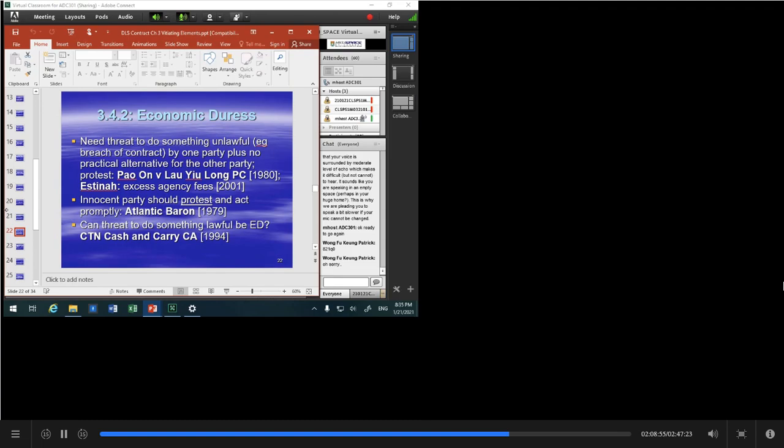It's much easier and much more common to allege presumed undue influence. And with presumed undue influence, a presumption will arise. Now, it's important to emphasize the presumption only arises. It doesn't mean there is undue influence. It will arise in a Class 2A relationship automatically.